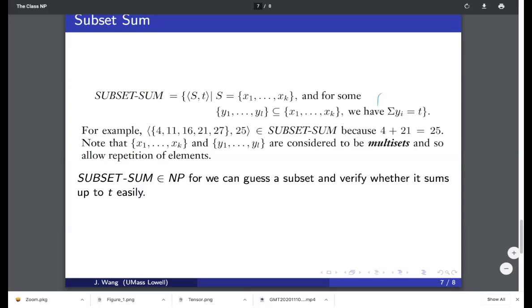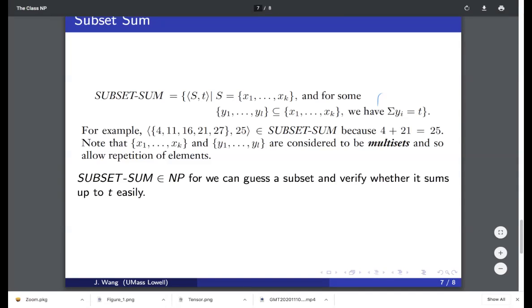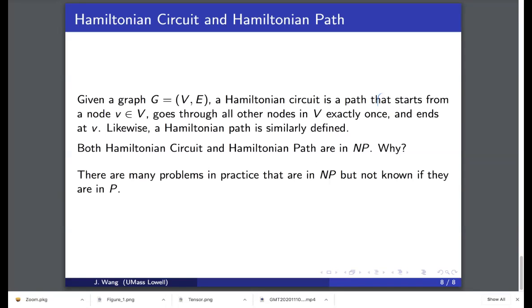The last one is Hamiltonian circuit and Hamiltonian path.